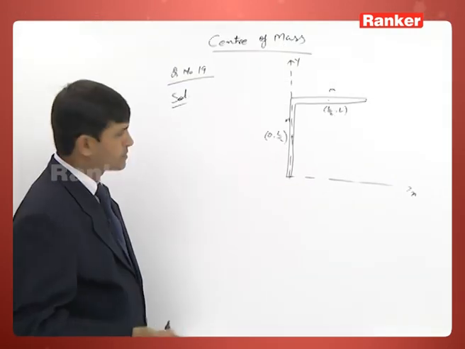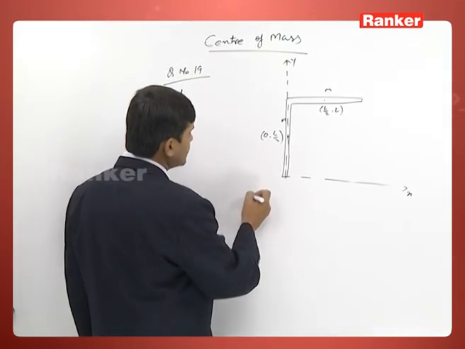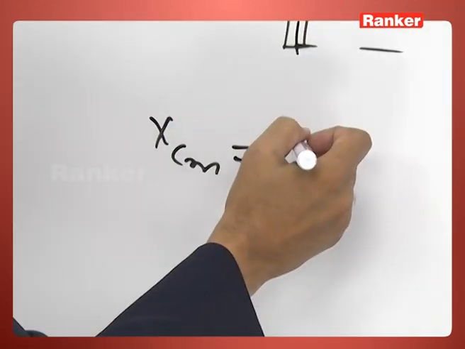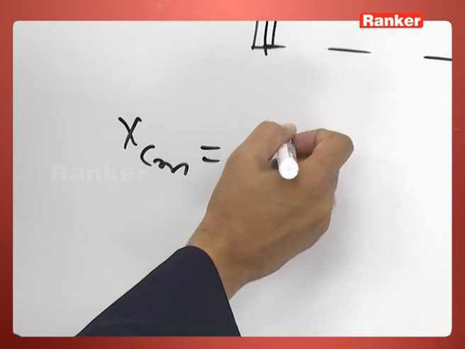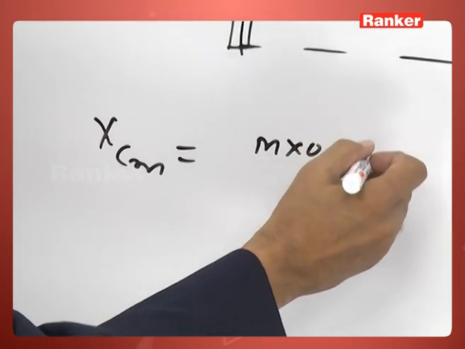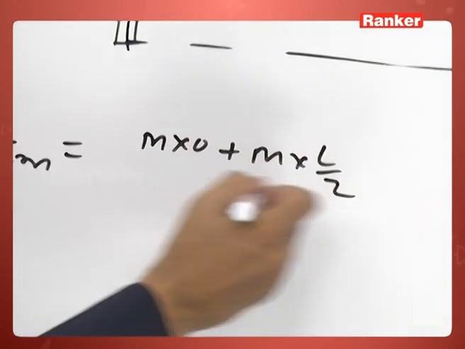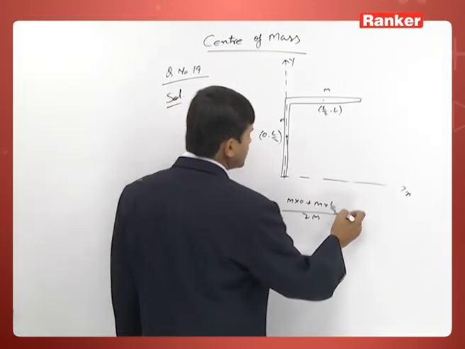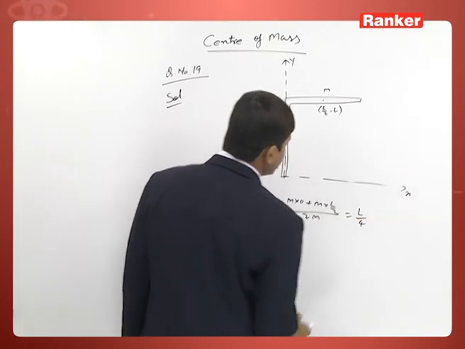So, see, if we are looking here at XCM, for this m1 means m into 0 plus m into L by 2, total mass 2m. So, this is L by 4.